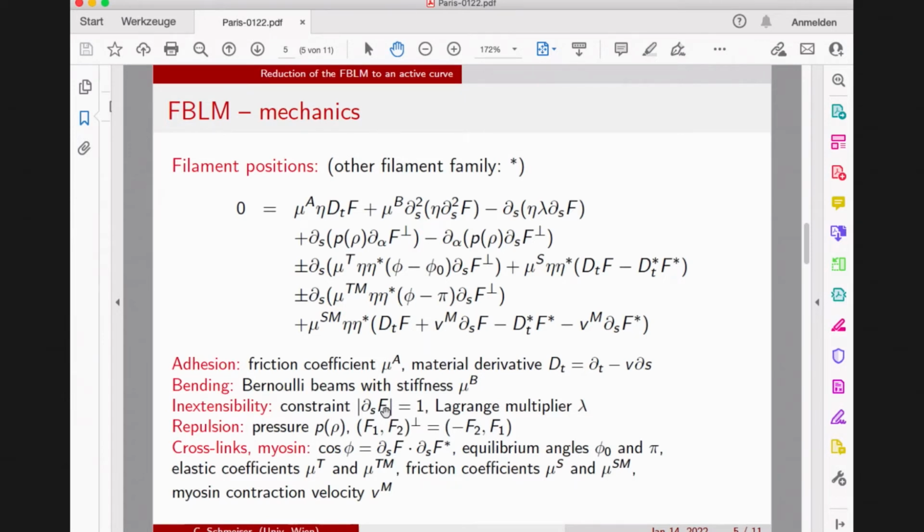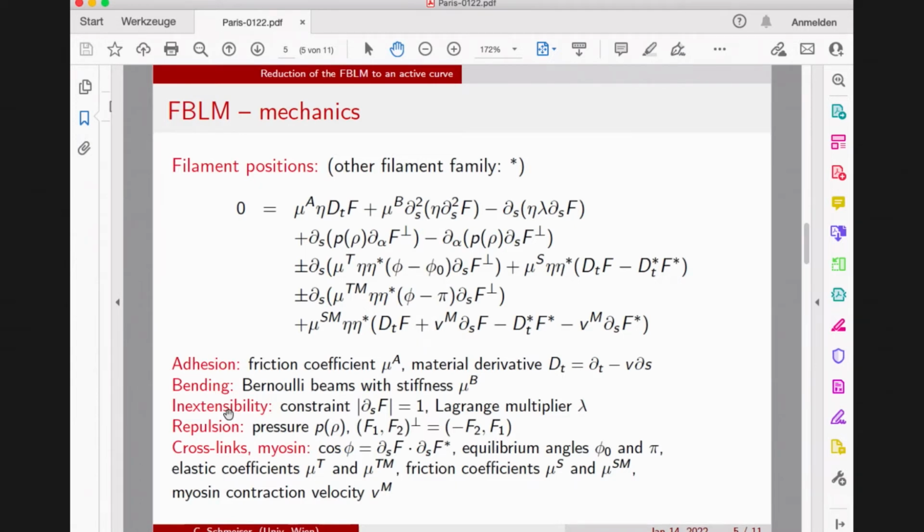Okay? And so S is a Lagrangian variable along the filament, but also, you see here in this assumption, it's arc length. So we assume that it's arc length, and the assumption that arc length is the same as a Lagrangian variable is actually an inextensibility assumption. So the filaments are inextensible.